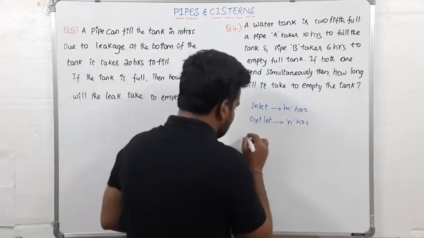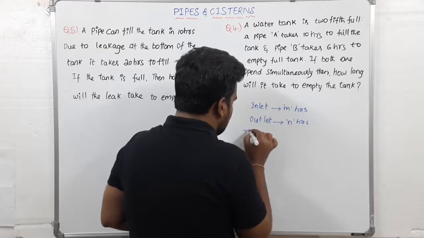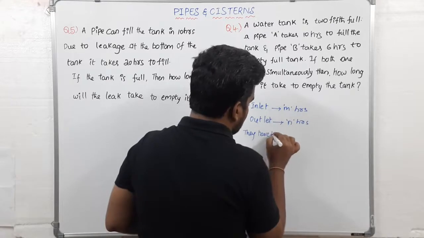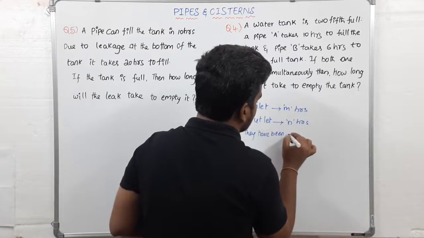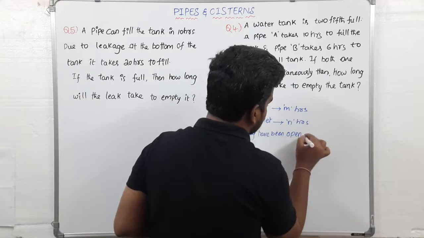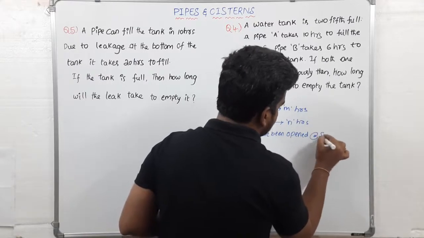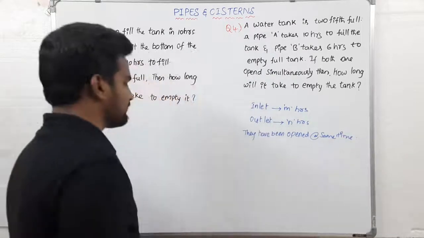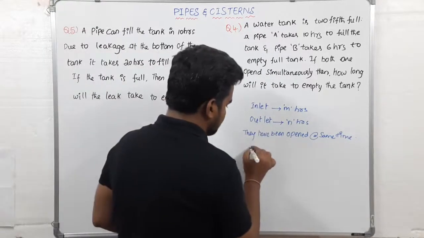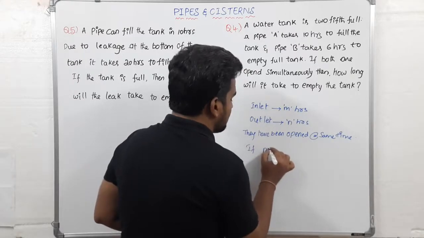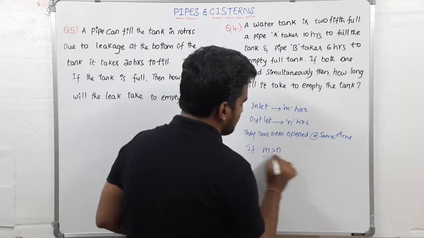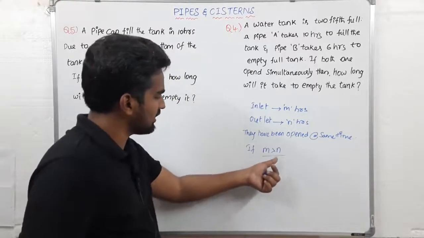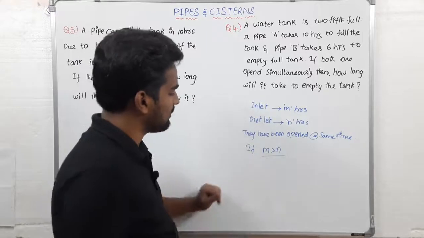Now let us consider that they have been opened simultaneously. Suppose m is greater than n, that is, the time taken by the inlet pipe is more than the time taken by the outlet pipe.